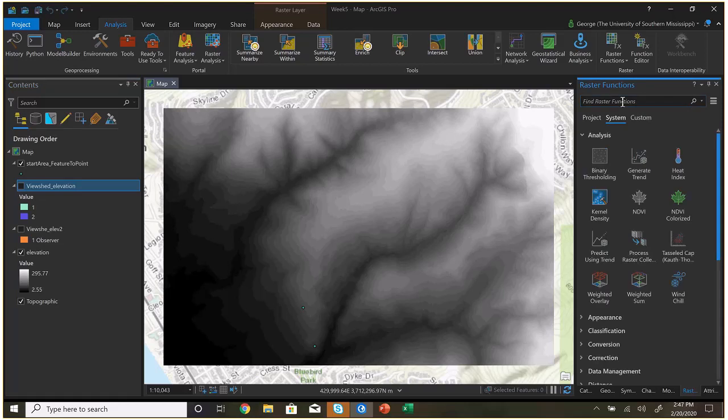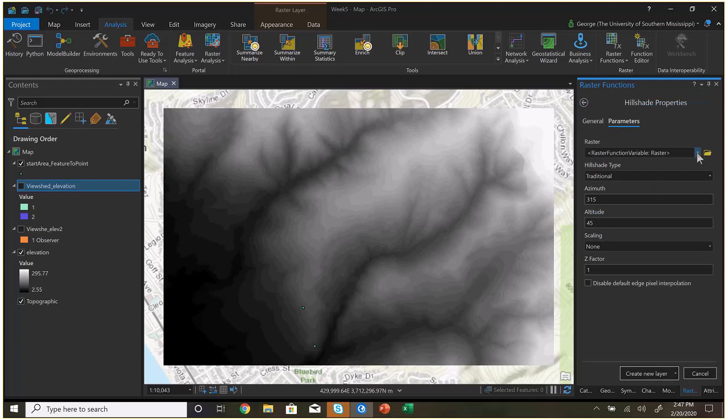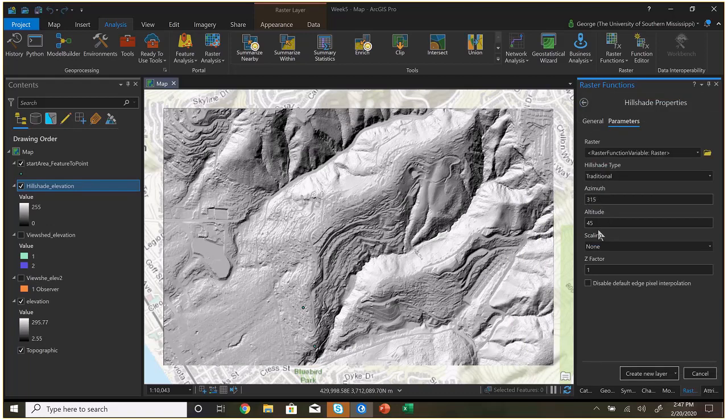Okay, so hillshade. So here we're going to take the elevation raster and do a hillshade. And if we say go, right now it used those default values of 315 and 45. Those are the default values in our GIS.